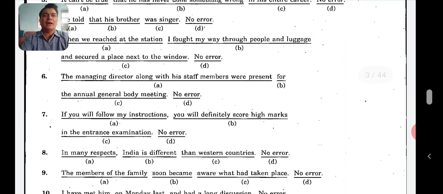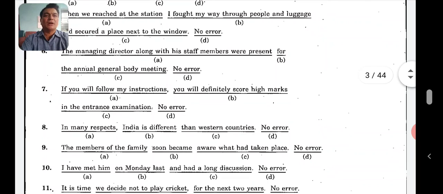The managing director along with his staff members were present for the annual general body meeting. The managing director along with his staff members were present. So you are familiar that whenever along with is used, with is used, as well as used, you have to see that the verb agrees with the former subject.